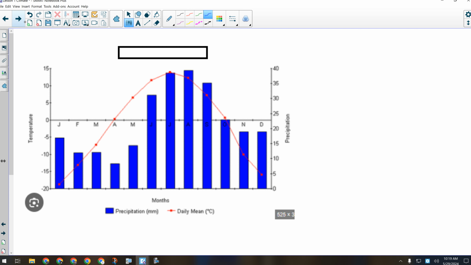Now, something I want to point out though. Make sure you look at the scale for precipitation and temperature. Don't just look at the shapes. It's possible to make a desert look like a really wet place if you skew the scale for the precipitation. If you make this 0 and this 5 millimeters of rain, the bars will all go right to the top and it'll look really wet.